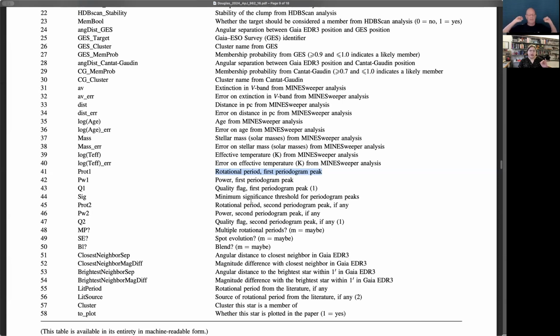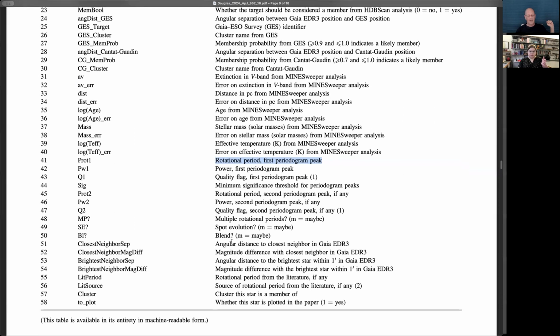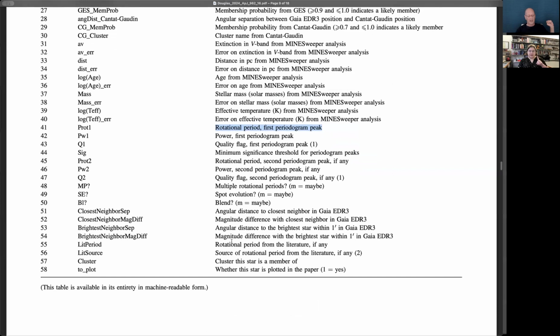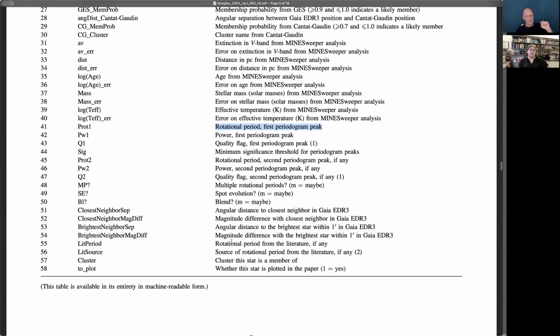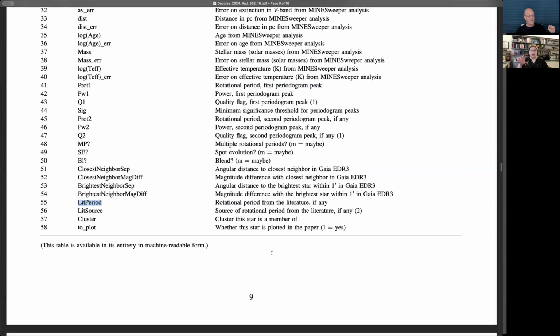There are flags for multiple periods, spot evolution, which is that double-dip period, or potential blends. I'll come back to the blends bit in a minute. And then we also include any literature periods available. If we actually use the star in our analysis in the paper, then that last column has a flag of 1. If not, those are still in there, so if people want to look up the star, they can.